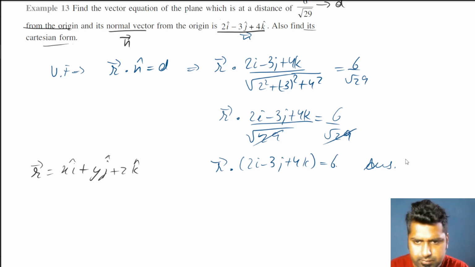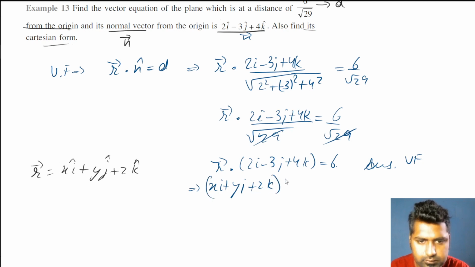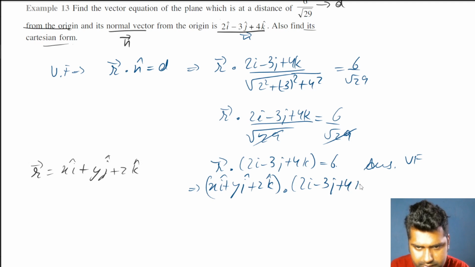So that's vector form. Now, in order to put the Cartesian form, xi plus yj plus zk dot 2i minus 3j plus 4k is equal to 6. This is only one time. After this, I'll teach you the shortcut and you'll be able to write this very much directly. Let's do the dot product.